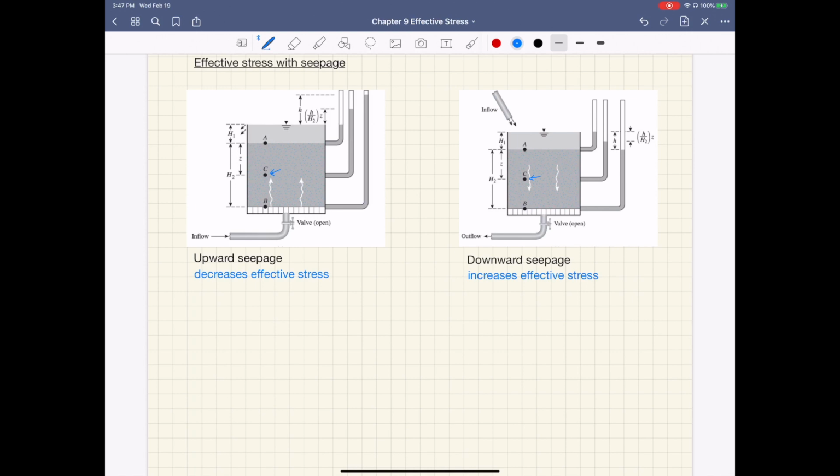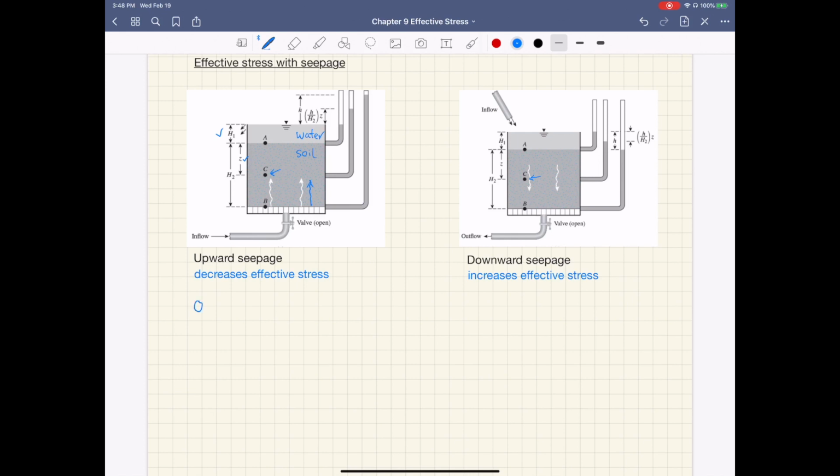For this upward case, we have water of height h1 above the soil sample. This is your soil sample, and this is water, and the water is seeping in the upward direction. Point C is at a distance z from the top of the soil sample.